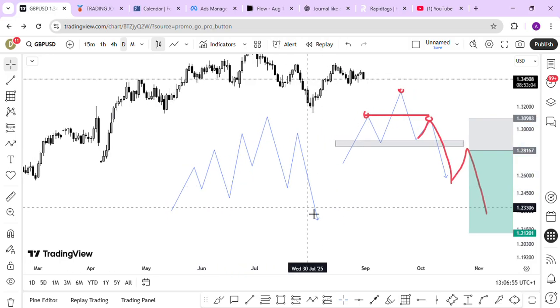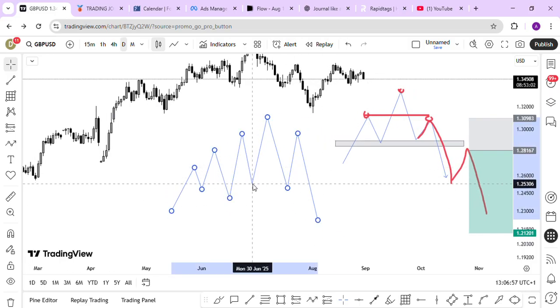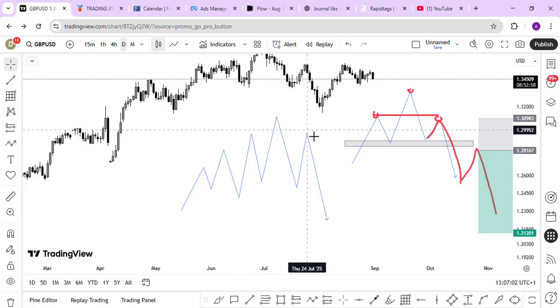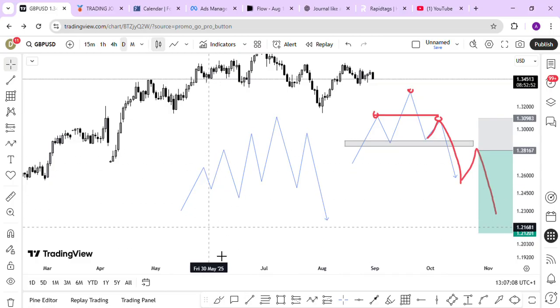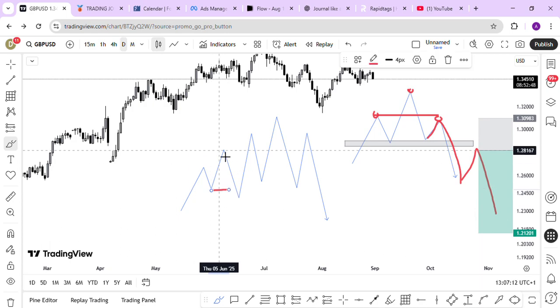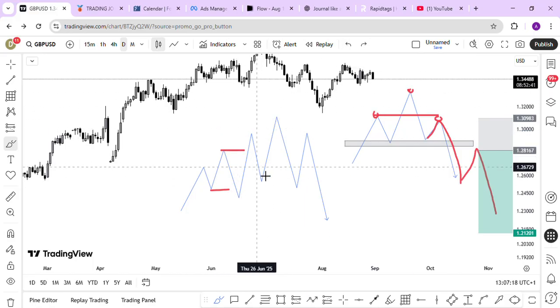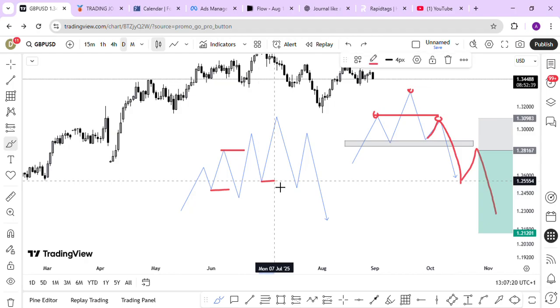So let's say as an SMC trader, this is how I will mark the setup. Now, where is my break of structure? Because the market took out this liquidity like this, this level will be my break of structure. So this level will be my what? My inducement.